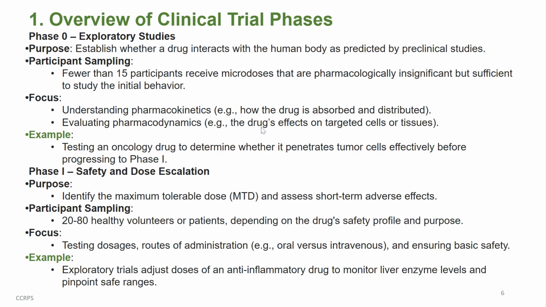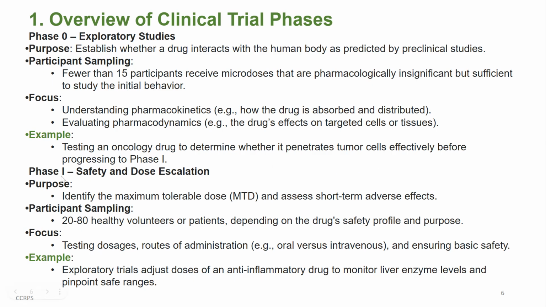So evaluating pharmacodynamics, for example, the drug's effects on targeted cells or tissues, the changes that will be shown in the tissue cells of the participants. Example, testing an oncology drug to determine whether it penetrates tumor cells effectively before progressing to phase one.